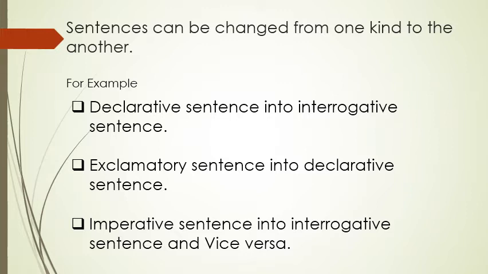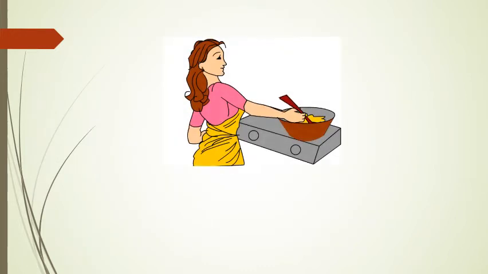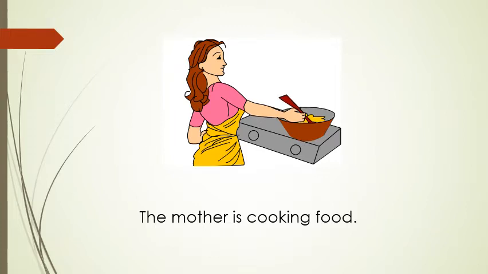Now, let's have a look in the picture at what the mother is doing. We can see that the mother is cooking food. And if I ask, is it called a sentence? Then the answer is yes, it is called a sentence.